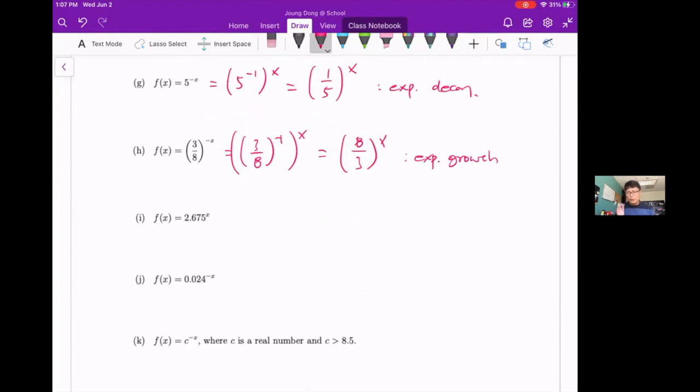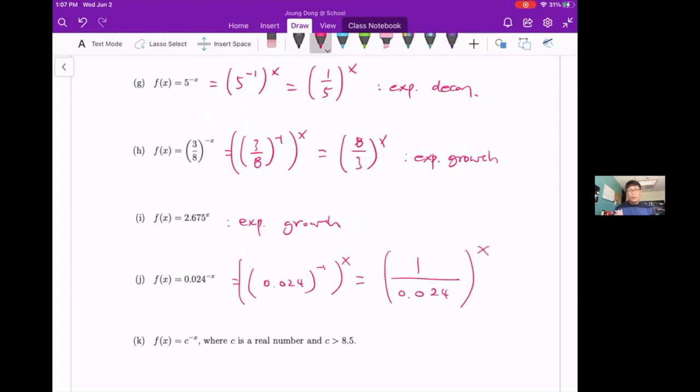As long as your base is bigger than 1, it is exponential growth. Then your base is between 0 and 1, but there is a negative power, so we can think of it as 1 over 0.024 to the x. 1 over 0.024 is bigger than one. That is the reason why this is exponential growth.